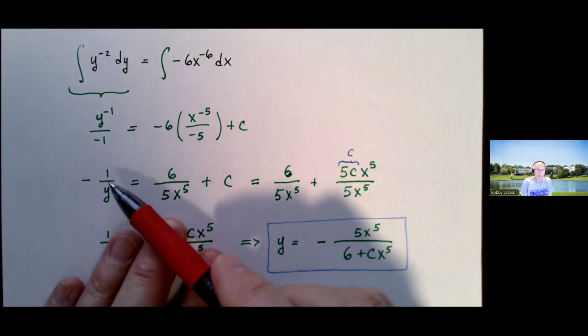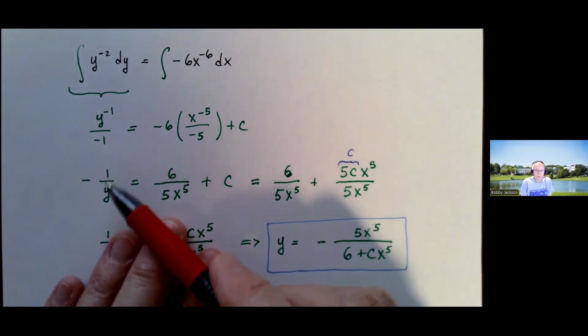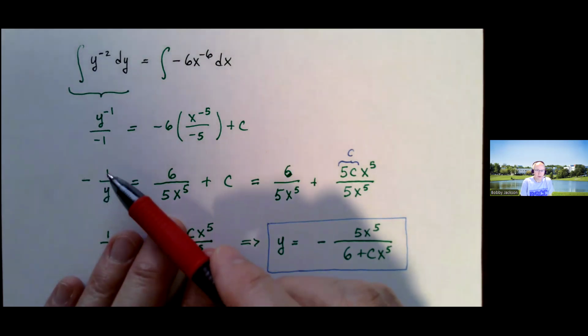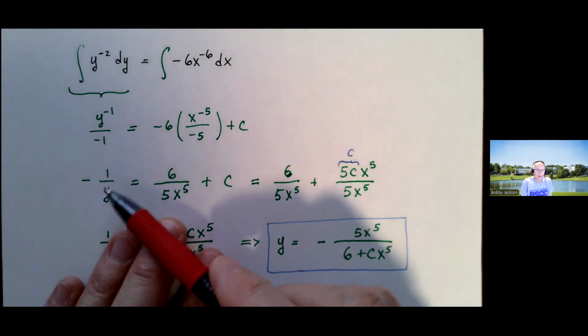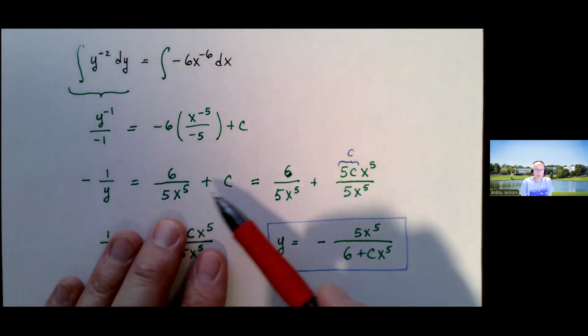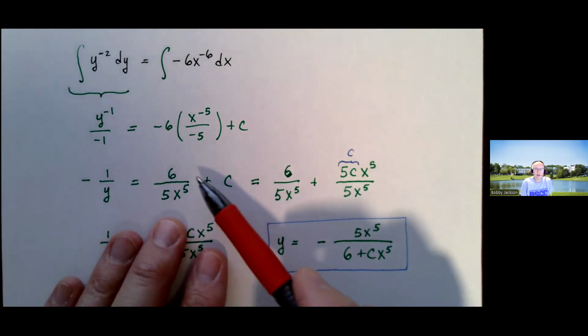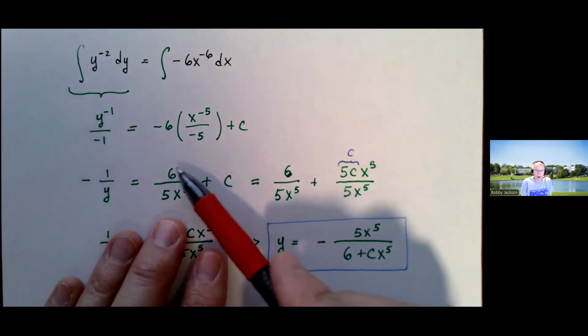But I'm going to go ahead and notice that I'm going to be solving for y here. So I'm just going to take the reciprocal of both sides. And if I take the reciprocal of this as is, it's going to be a compound fraction, right? It'll be 1 over all of this stuff.